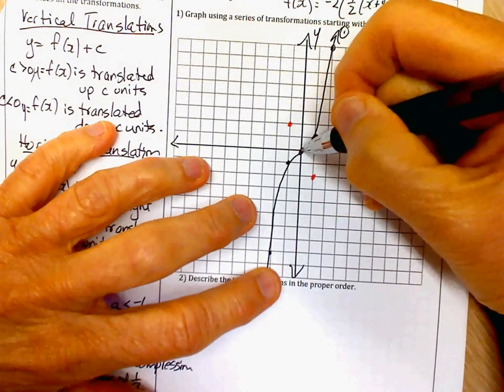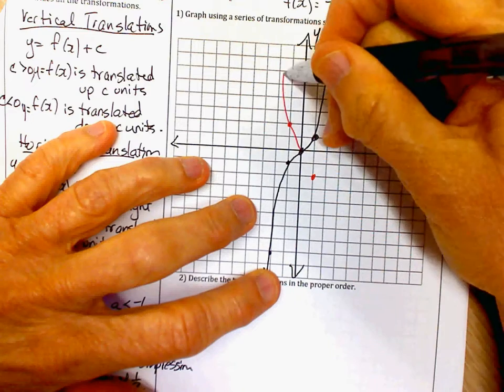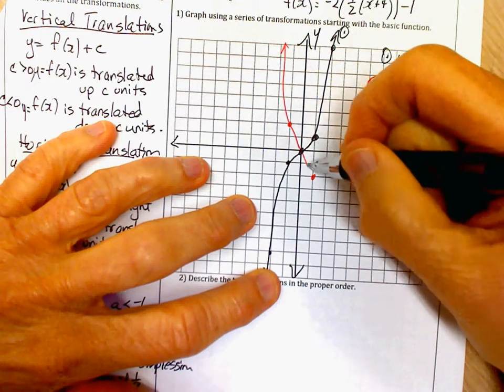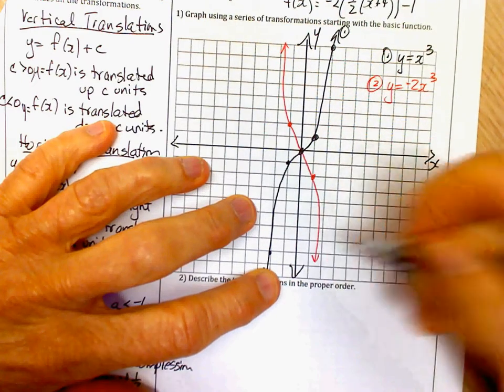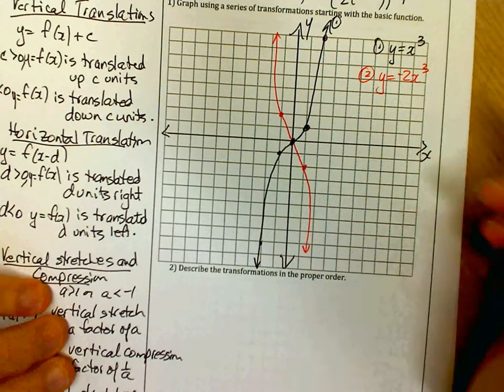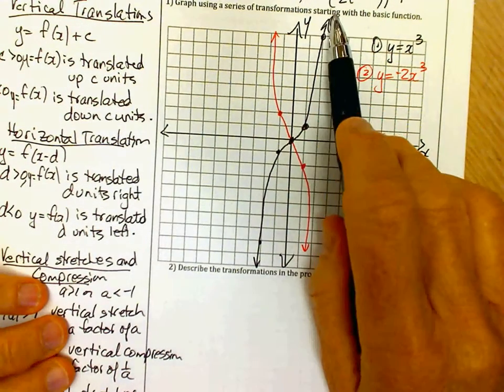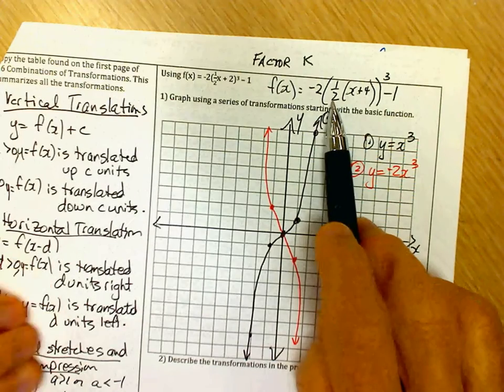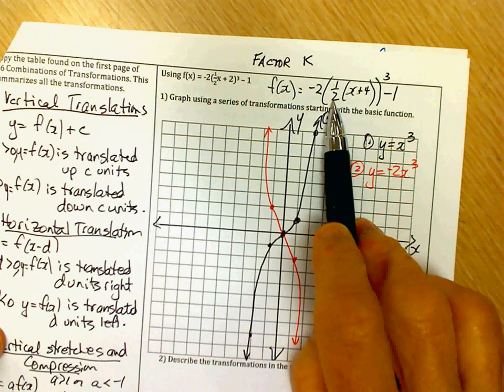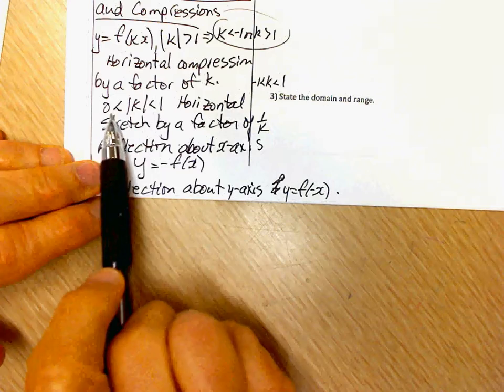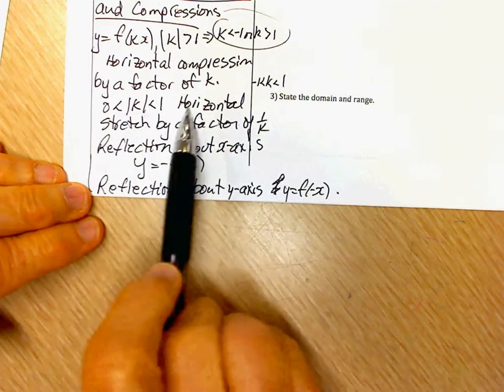Okay. Now we are going to get a horizontal stretch by a factor of 2, right? When k is a fraction, we get a horizontal stretch by a factor of 1 over 1/2, which is 2. So let's stretch that horizontally.